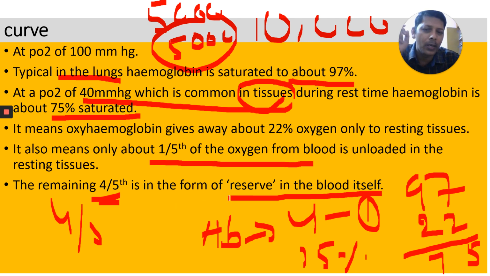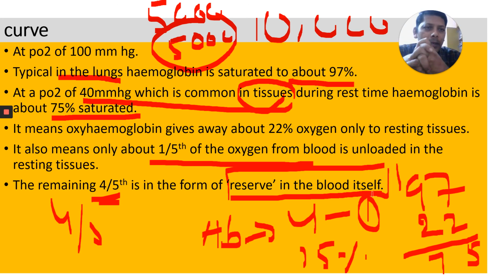Why is hemoglobin not unloading the entire oxygen to the tissues? Because if it unloaded everything, then during vigorous exercise, or when your heart fails, or when your breathing stops for a while, there would be no availability of oxygen.